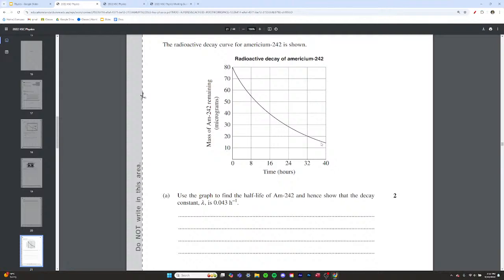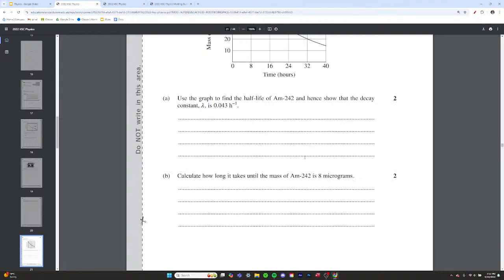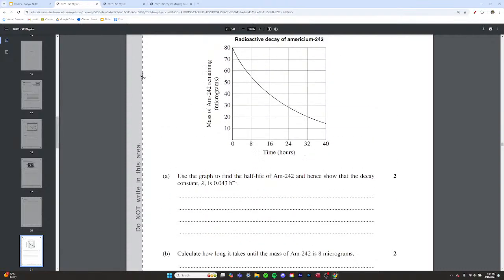8 over 80 equals 1/10. Oh, if we round it up to, does it say approximate? Calculate.